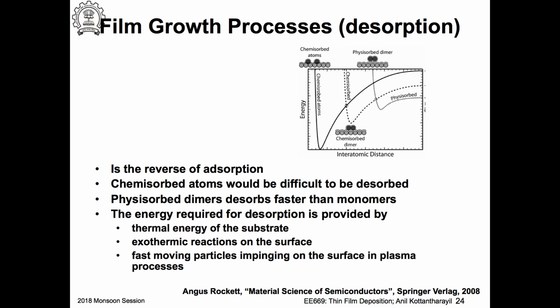So in some cases you may actually want a low growth rate. It may be possible that you reduce the growth by facilitating conditions which will enhance the desorption from the surface.